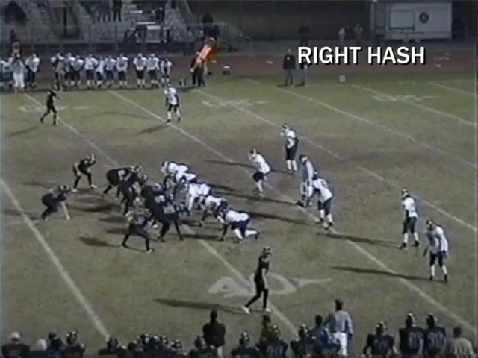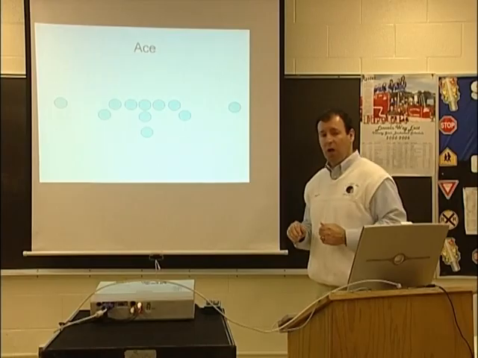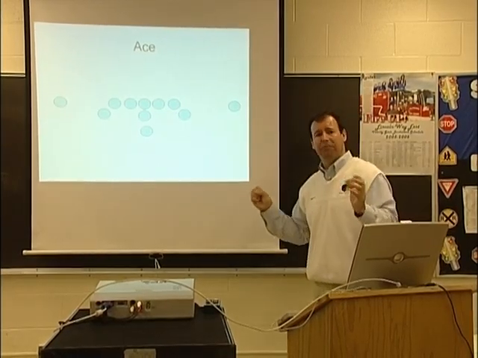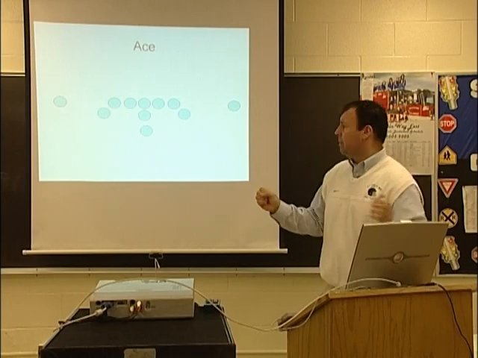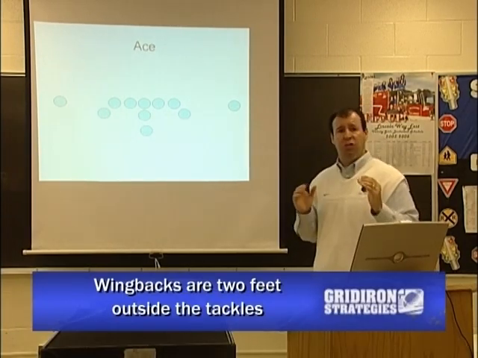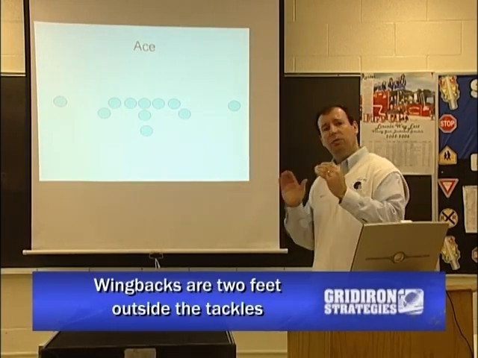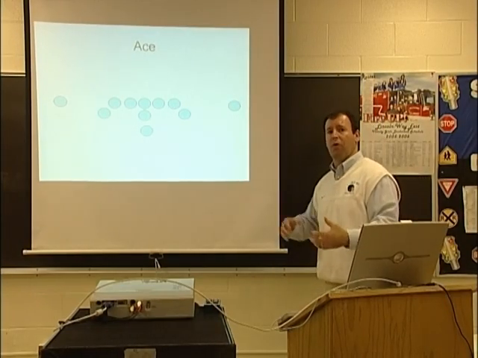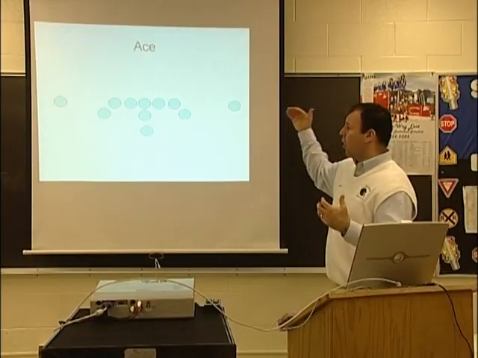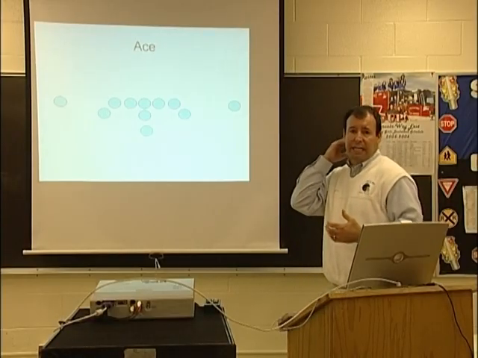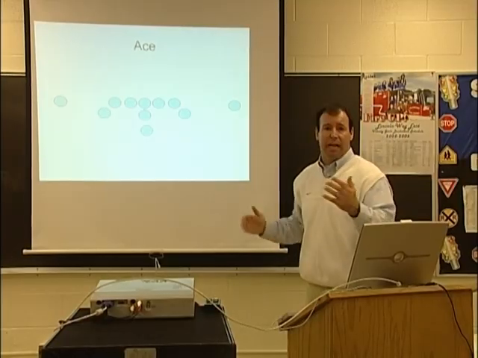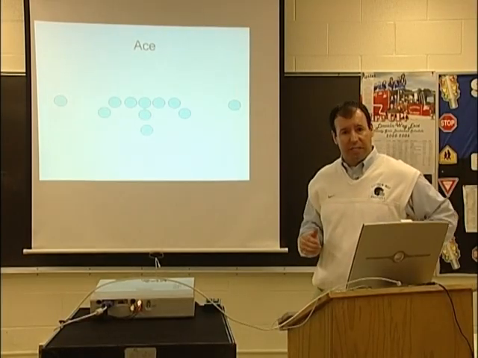Okay, our wings. Our wings are set right off the tackle, so our tackle and wing have to work with each other because our wings are exactly 2 feet outside the tackle. Their foot that's closest to the tackle is down inside, inverted inside, and the outside foot is right on the tackle's heels.